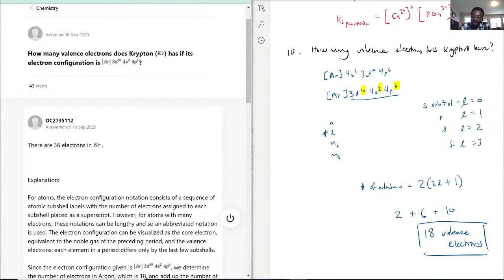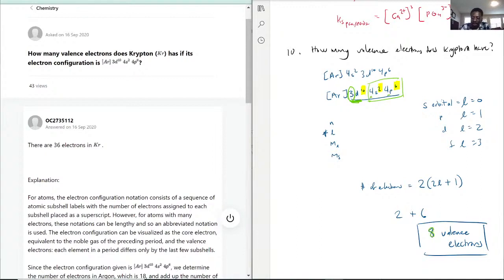Because the d orbital counts in the previous shell because of the 3. So really there's only 4s2, 4p6. Krypton's outermost shell is just the 4s and 4p, meaning we don't have this plus 10. It'd just be 8 valence electrons.